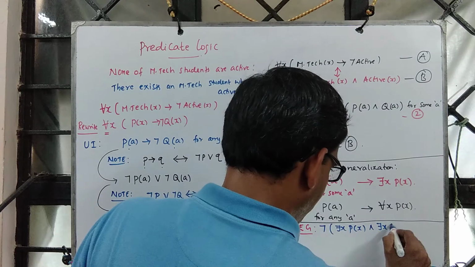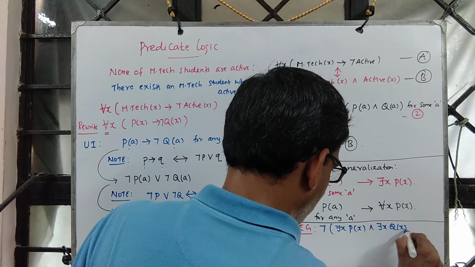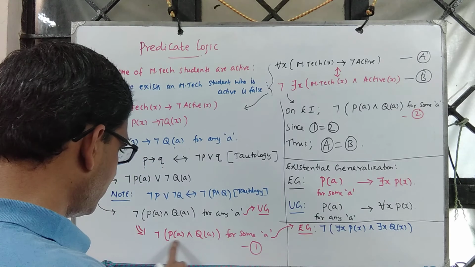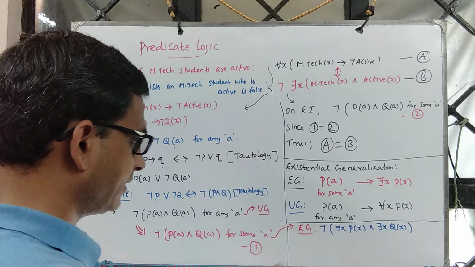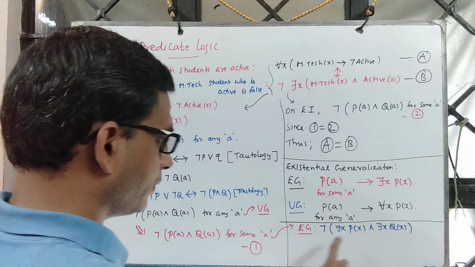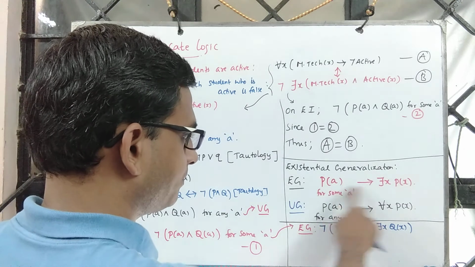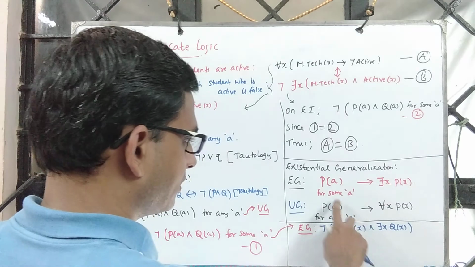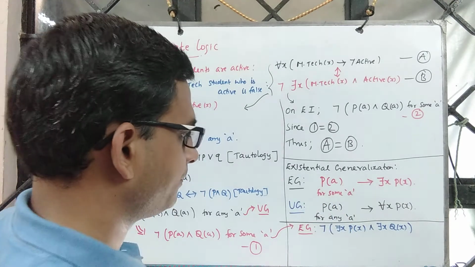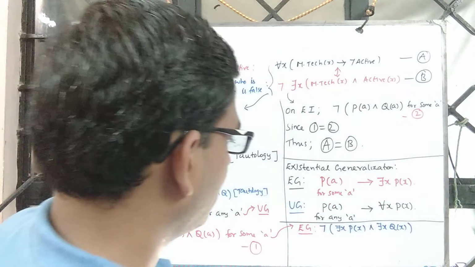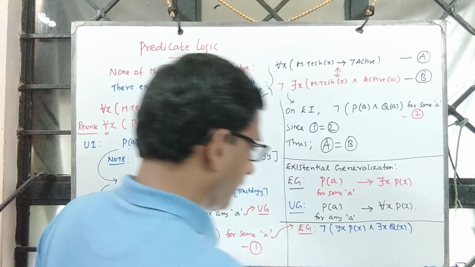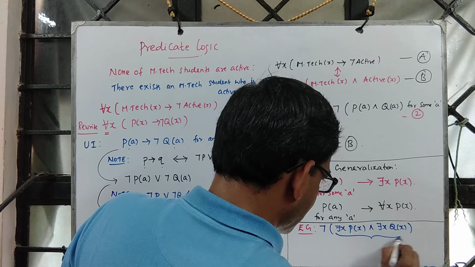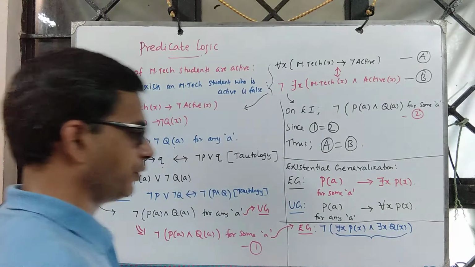So there exists X, Q of X. So each must be generalized separately. This is generalized to there exists X, P of X. And this is generalized to there exists X, Q of X following this rule. Fine? Okay.